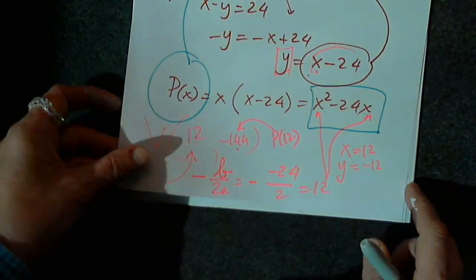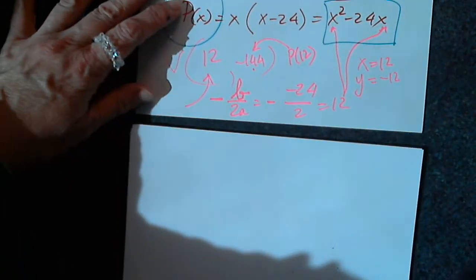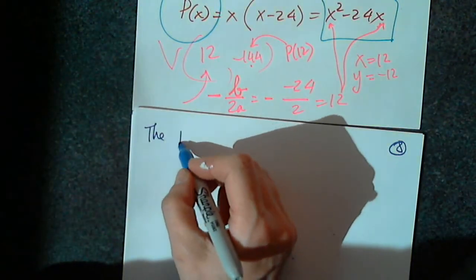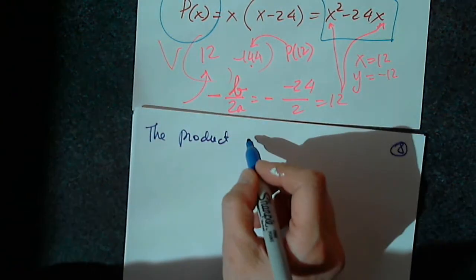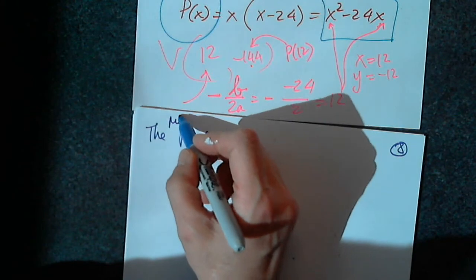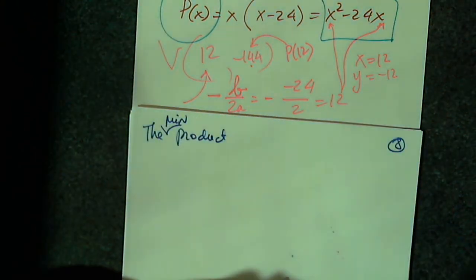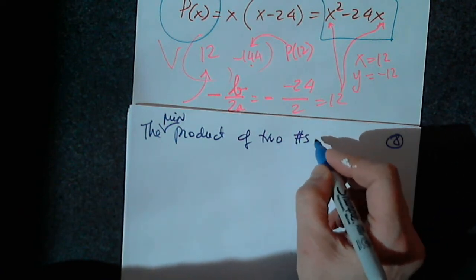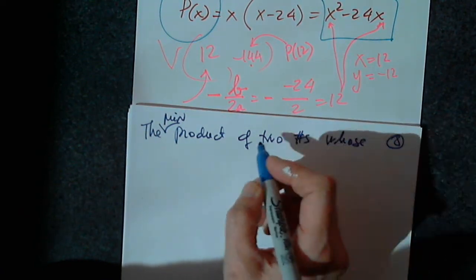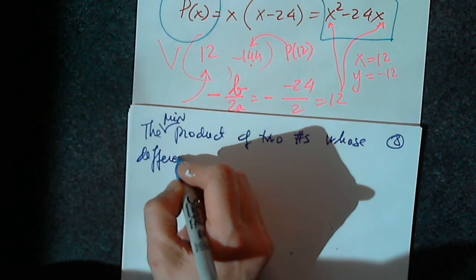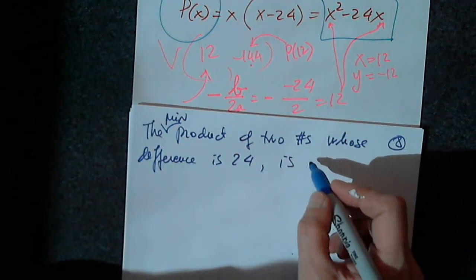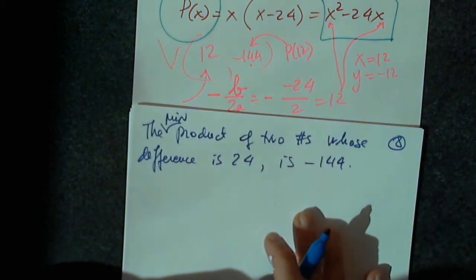Any questions? So here's how I will write the answer. The minimum, because that's what we were asked to do. Determine the minimum product of two numbers whose difference is 24, is negative 144.